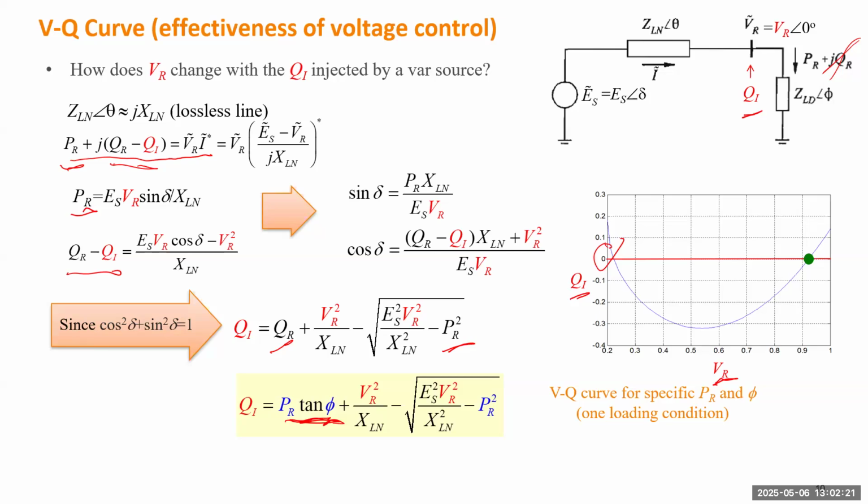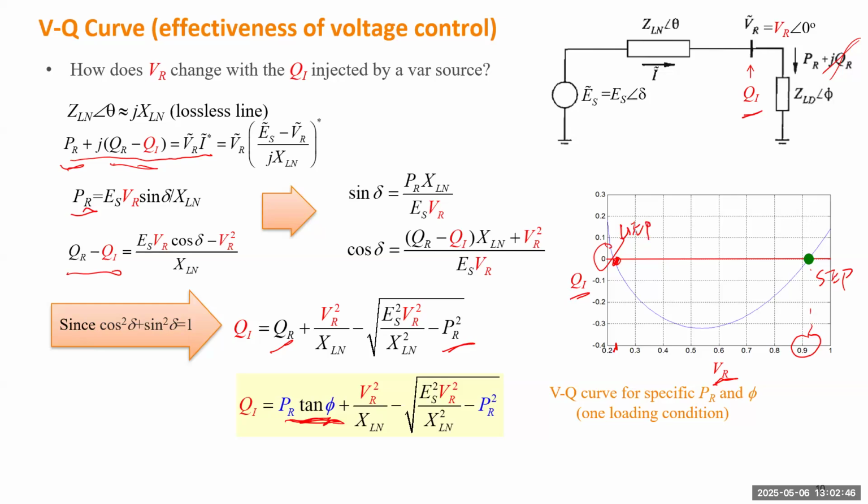So this green one will be a stable equilibrium point. This one indicates the voltage will be slightly higher than 0.9 per unit. And there's another intersection point that corresponds to a very low voltage, around 0.2 per unit. That's the unstable equilibrium point.